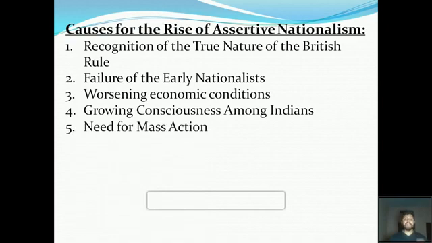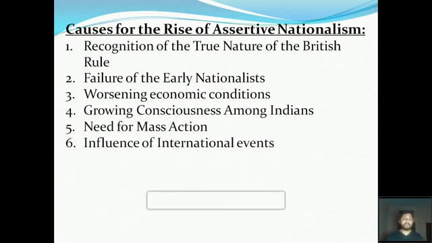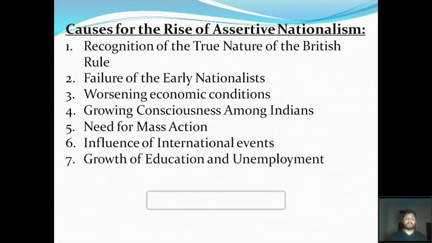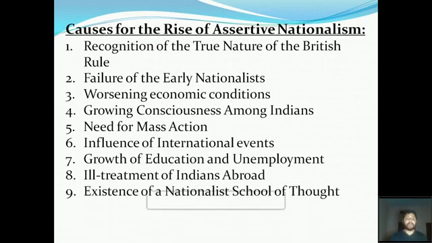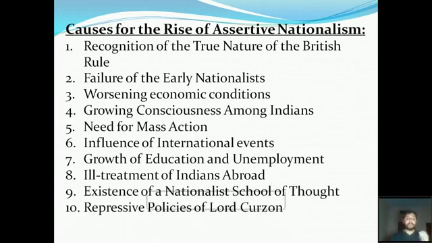Fifth, need for mass action. Sixth, influence of international events. Seventh, growth of education and unemployment. Eighth, ill treatment of Indians abroad. Ninth, existence of a nationalist school of thought. Tenth, repressive policies of Lord Curzon. And the last point, partition of Bengal.